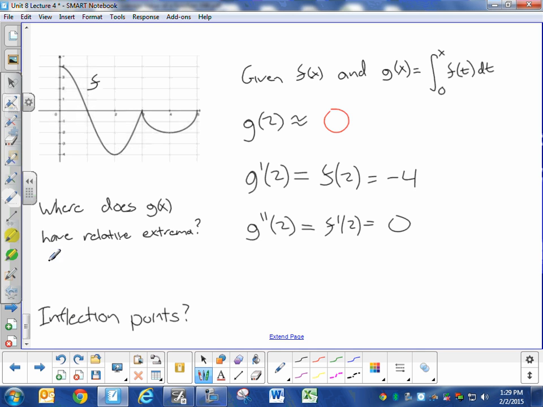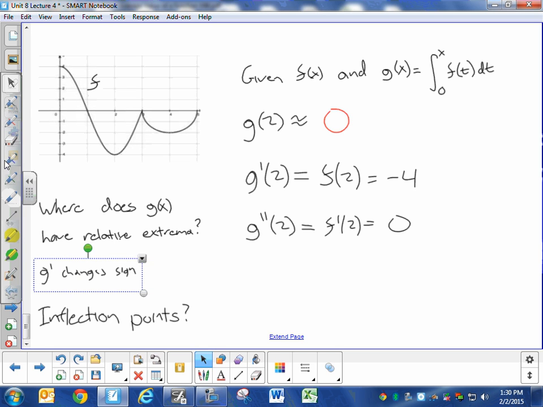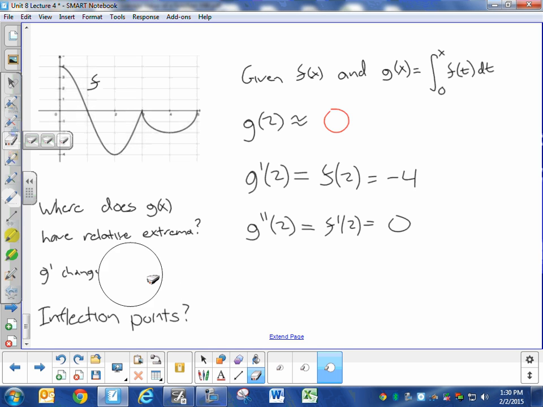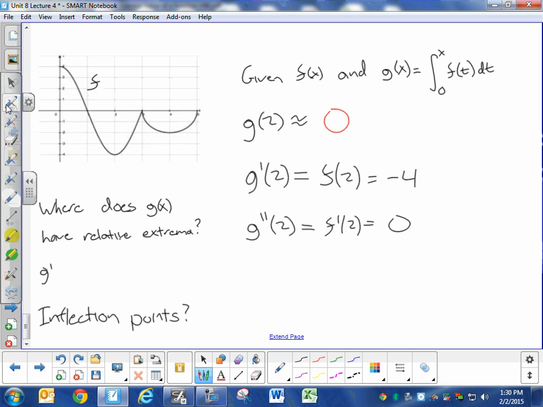Well, G will have relative extrema when G prime changes sign. G prime, which is equal to F, changes sign. Well, F changes sign only once.